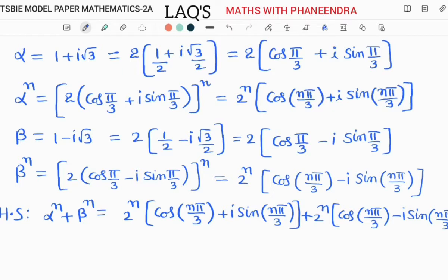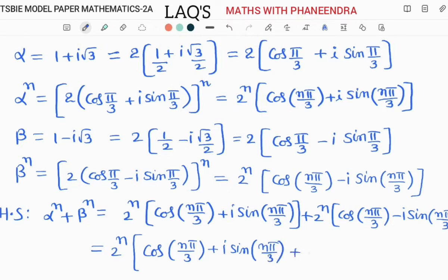So from these two, 2 power n take out common. The remaining terms: cos n pi by 3 plus i sin n pi by 3 plus cos n pi by 3 minus i sin n pi by 3.